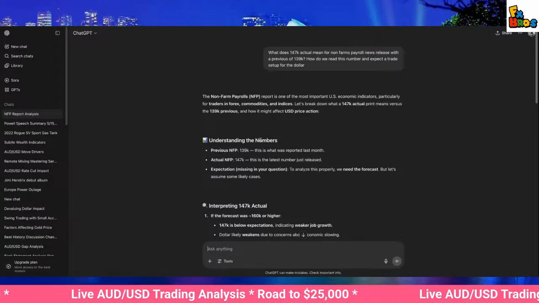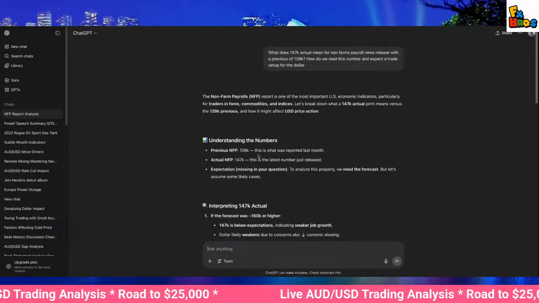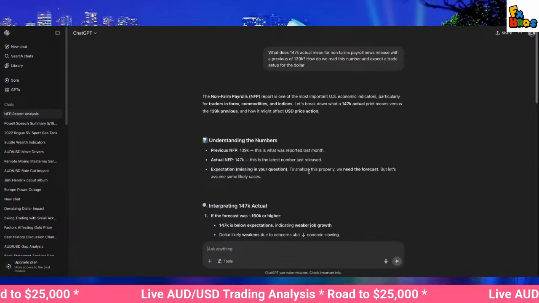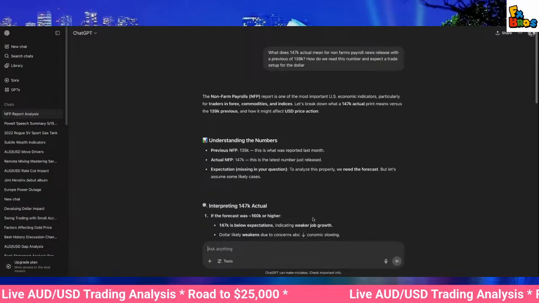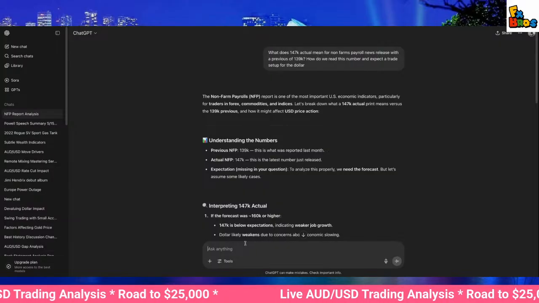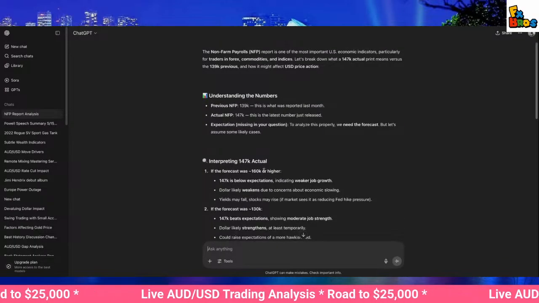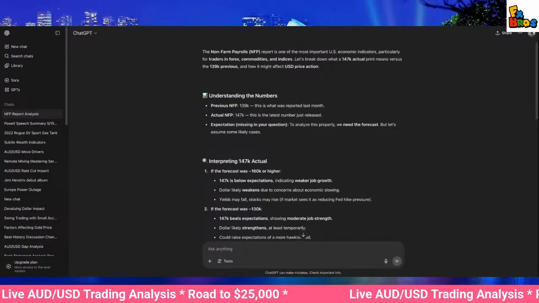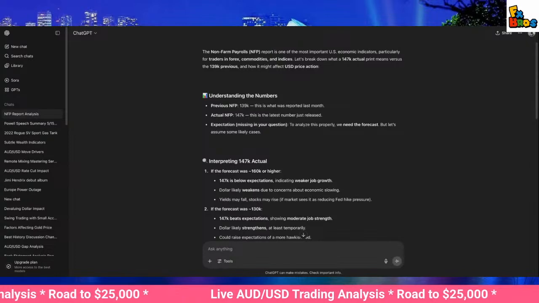Previous NFP 139. This is what was reported last month. Actual, the latest number just released. Expectations. To analyze this properly, we need the forecast.